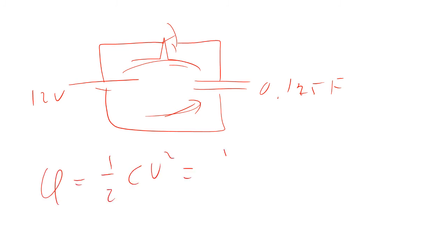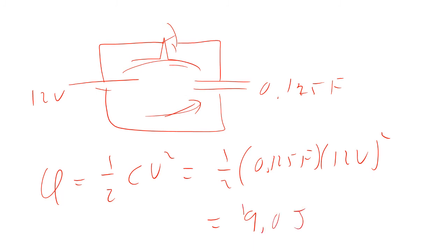So that's going to be 1/2 times 0.125 farads times 12 volts squared, and so that turns out to be 9 joules. That's still an awful lot of energy. That's actually enough to kill you if that amount of energy is transferred across your heart.